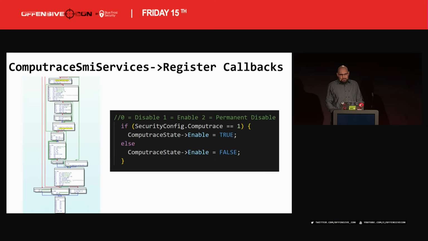And actually, here is the reconstructed flow for reading the security config and changing the different states. It's quite complex, so I will not dig into the assembly because there's no need for that, and it's ugly when I reconstructed it.